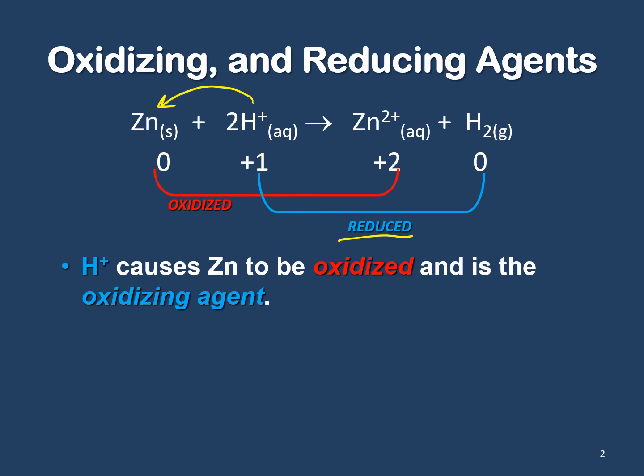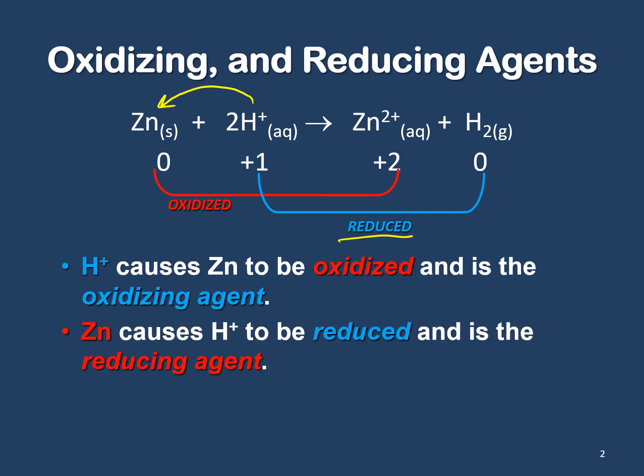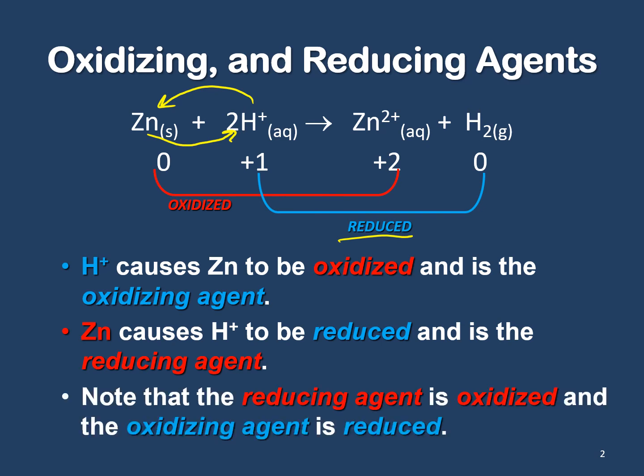We know H+ was reduced, but it's also known as the oxidizing agent because it caused zinc to be oxidized. At the same time, zinc caused hydrogen ion to be reduced. While it was oxidized, we also call it the reducing agent. So this, like I said, can be a little bit confusing.